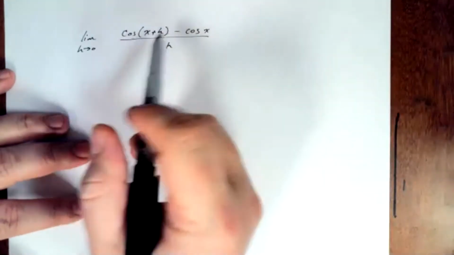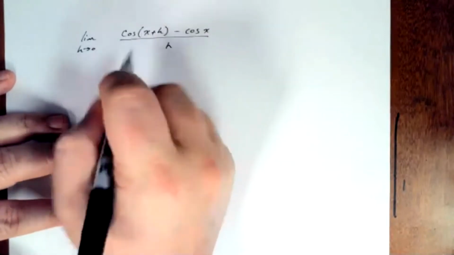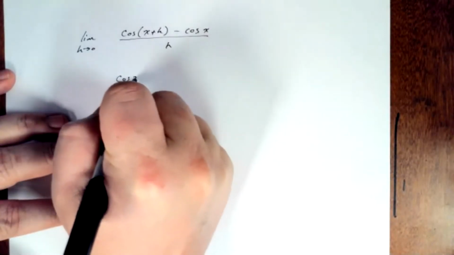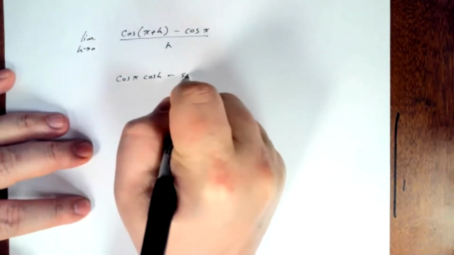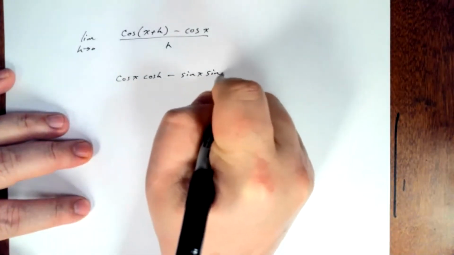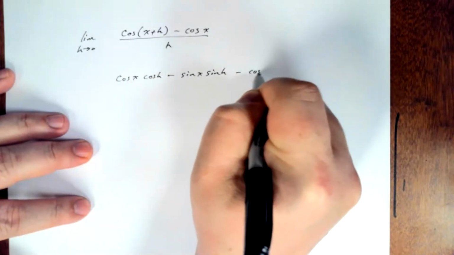So what I'm going to do is I'm going to go ahead and expand this, and I get cosine of x, cosine, cosine, minus sine, sine, minus cosine of x.